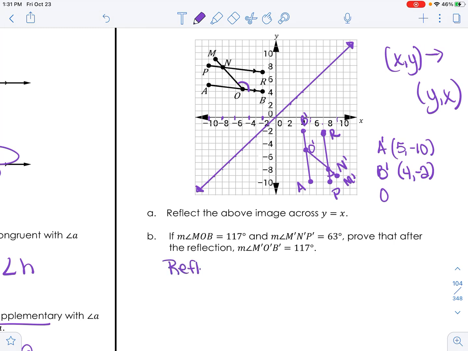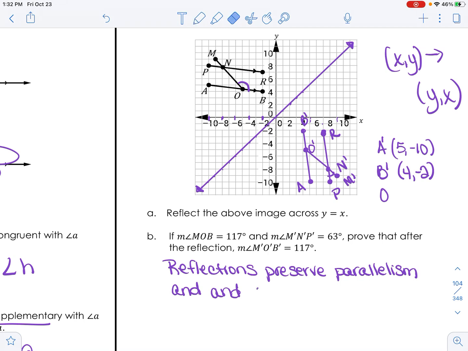Well, it's easy. We know that reflections preserve parallelism and angle measure.